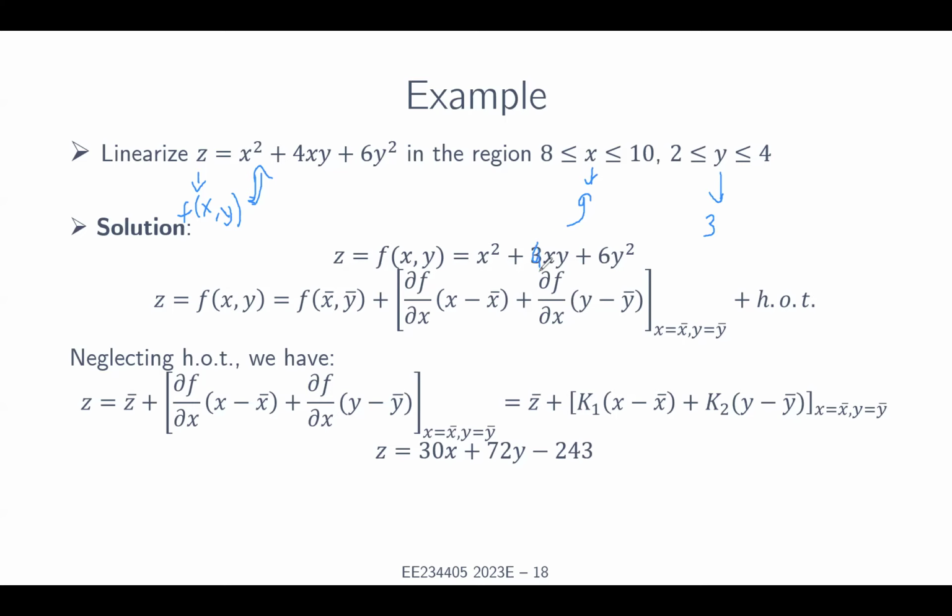Oh, sorry, this should be 4. Let me change. So this should be 4xy plus 6y squared.